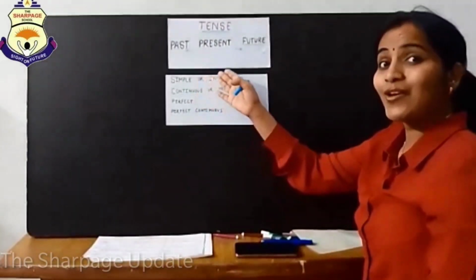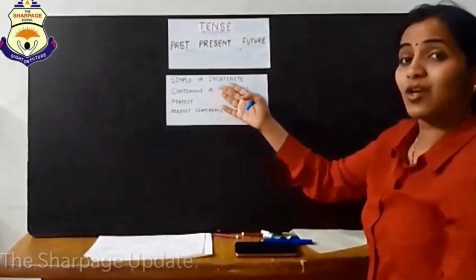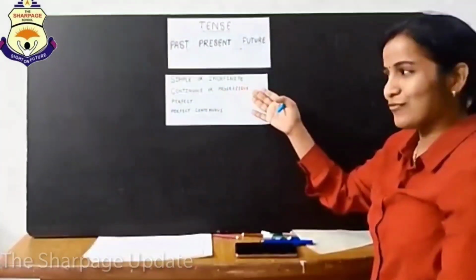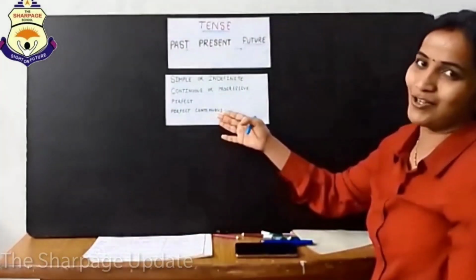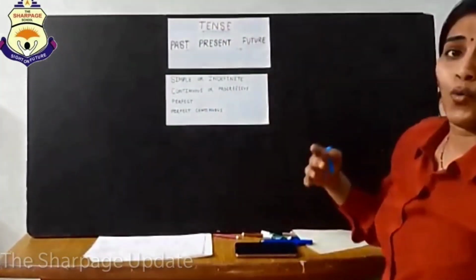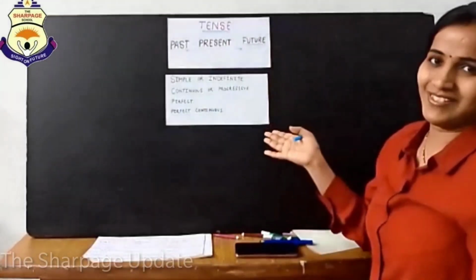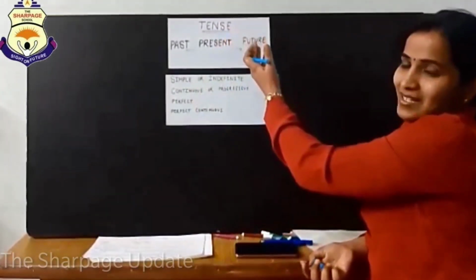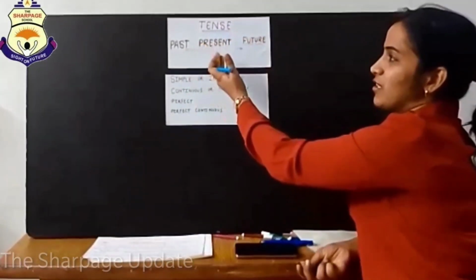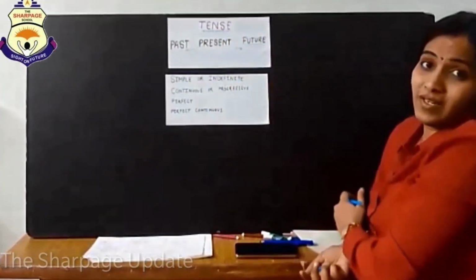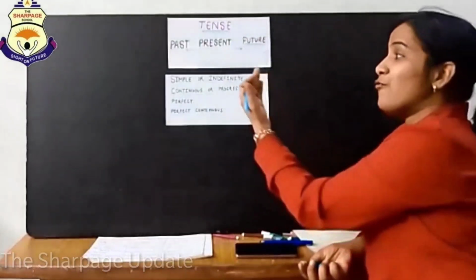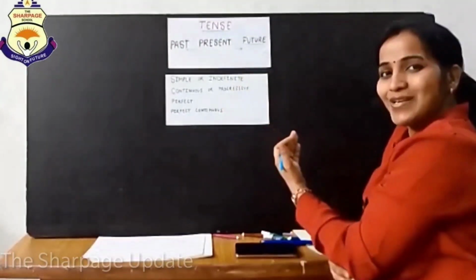First one is simple or indefinite, second one is continuous or progressive, third is perfect, and fourth one is perfect continuous. We can consider it a family tree. Grandfather Tense has three children, past, present and future, and each parent has four sons with the same names.